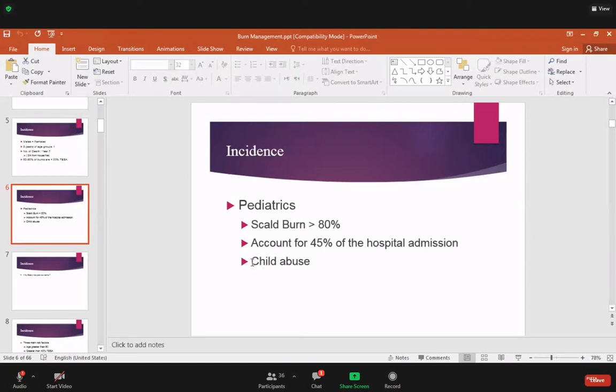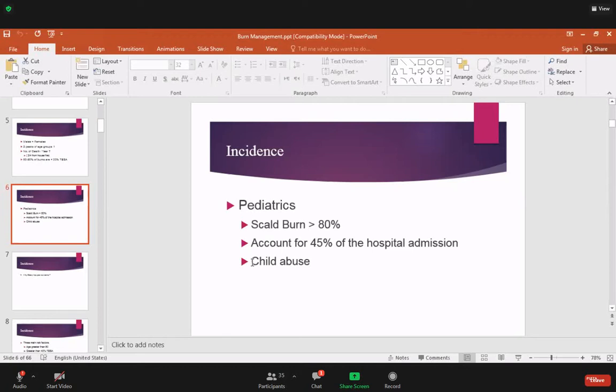Sometimes it is noted in some children that the presentation of the burn is not usual. Usually, if a child puts his hand in hot water, the whole hand will burn like a glove, or the whole foot will burn like a stocking, becoming red or hyperemic. But in immersion scald burns, if you see carefully, there are skip areas: areas that are burned, and then normal areas.